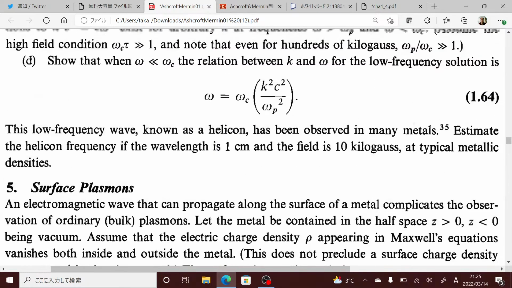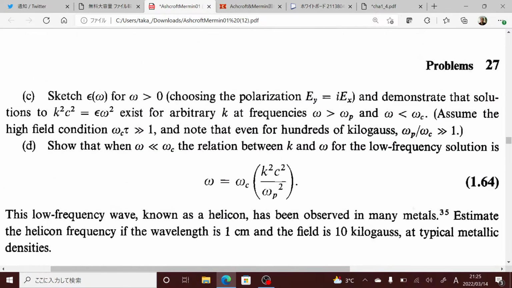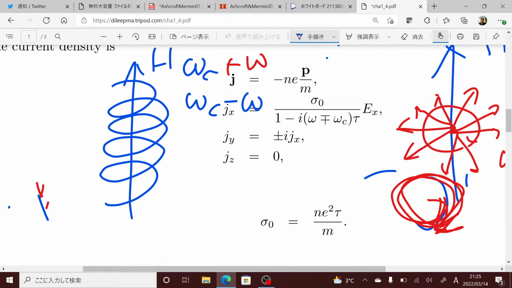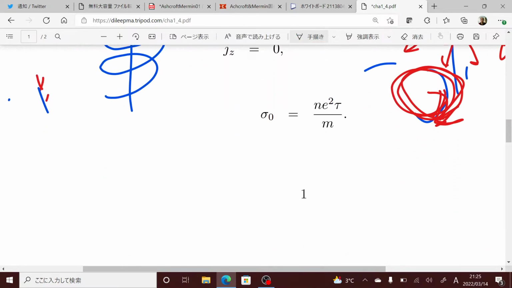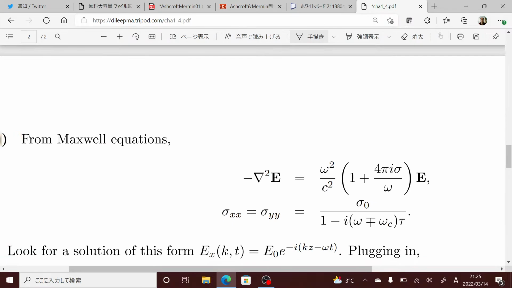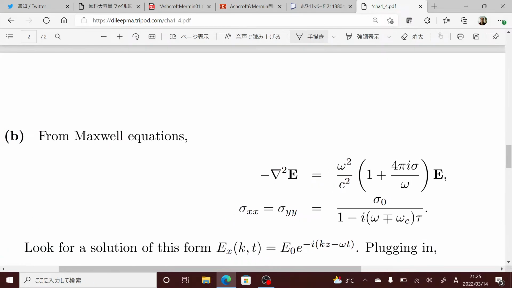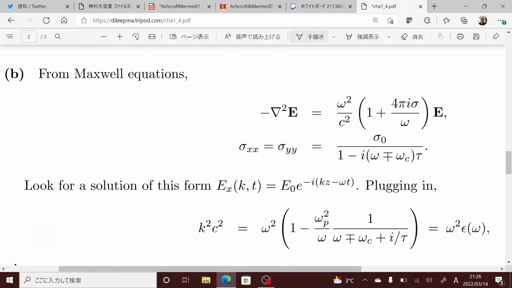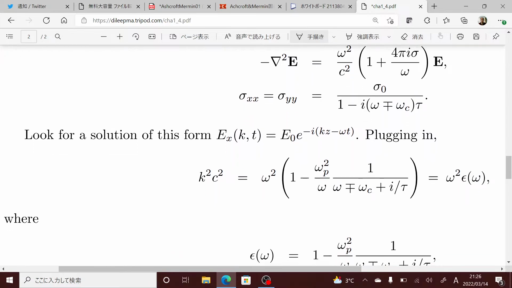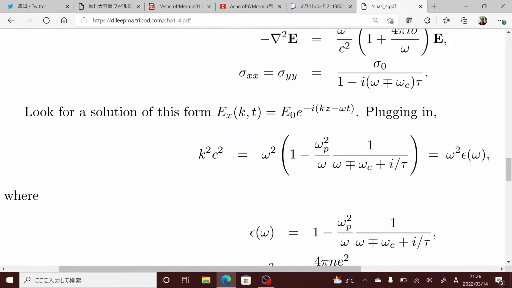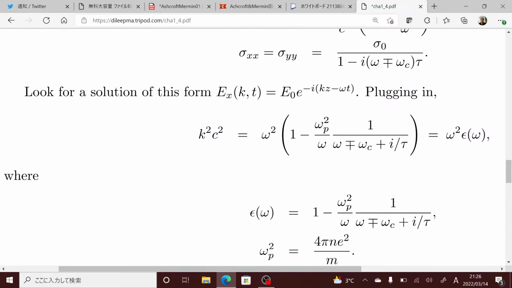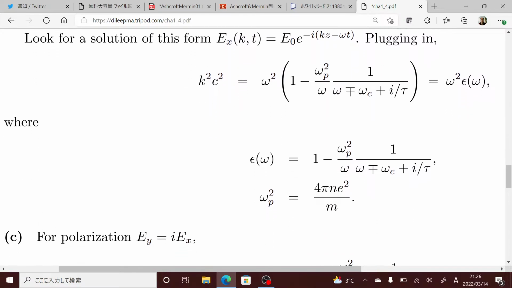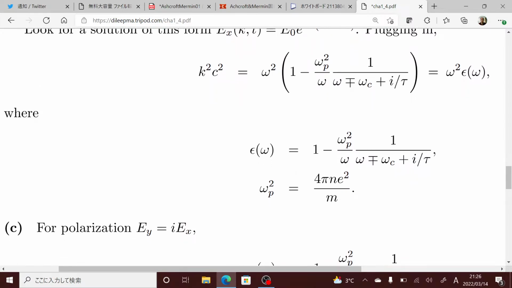Some paper. It's kind of a difficult question. From Maxwell's equation, you obtain this. What is K in this case?